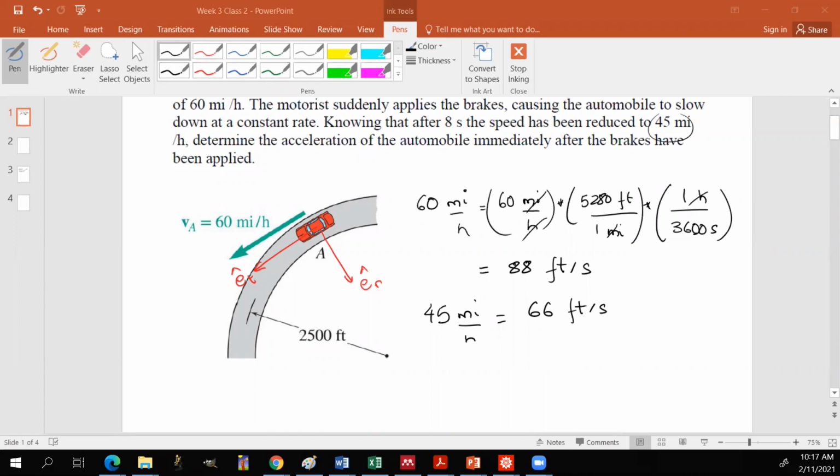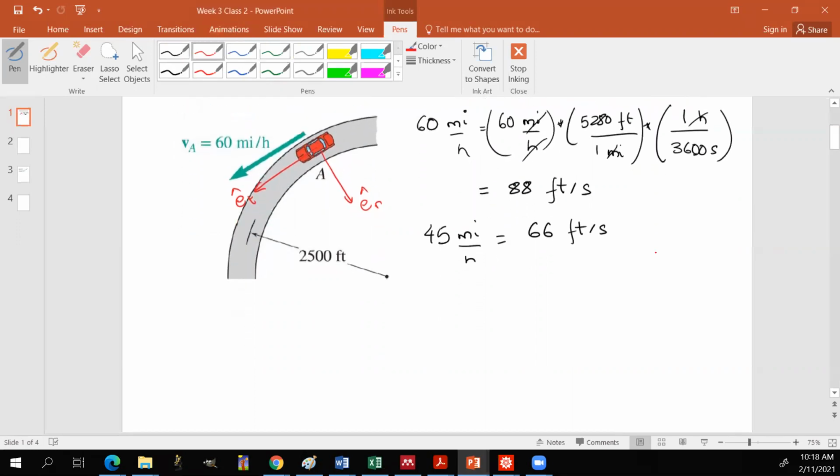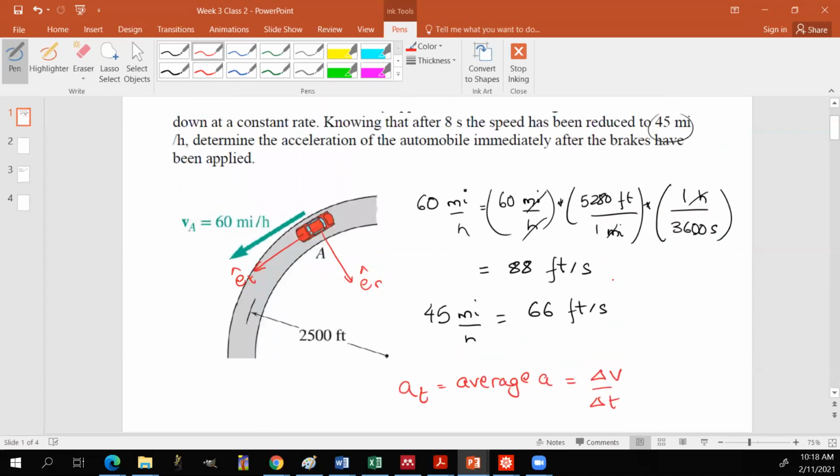All right, so next thing to note is that with the velocity decreasing along the path, that acceleration is going to be the tangential component of the acceleration. So we can write that out in an average form: the average tangential acceleration, which we had given in the problem, is equal to delta V over your time, so how much your speed changes.